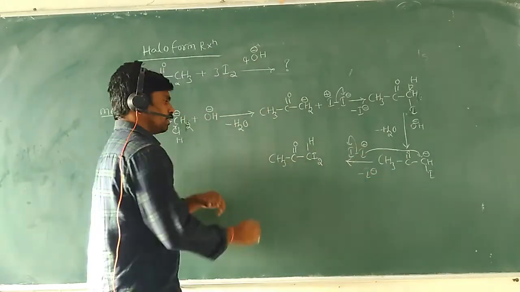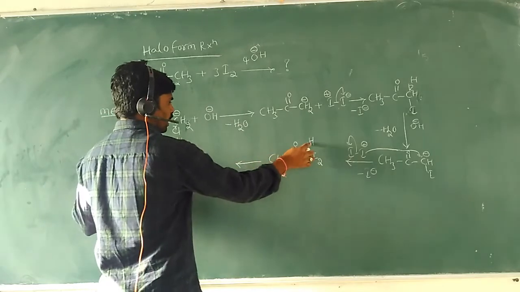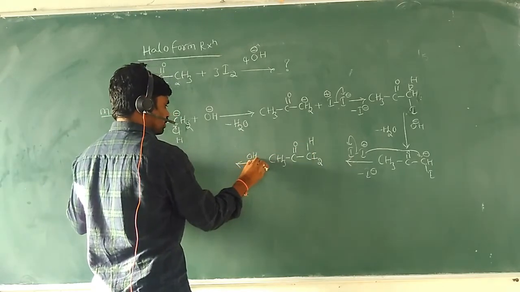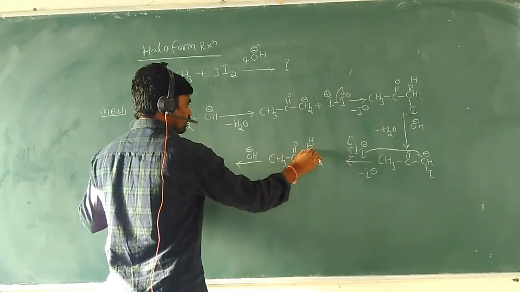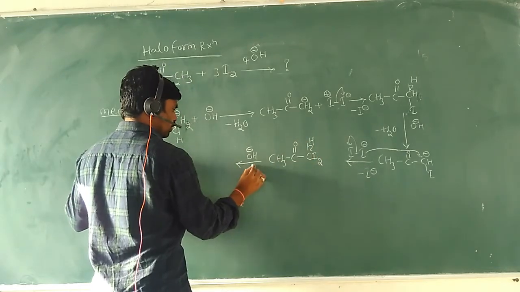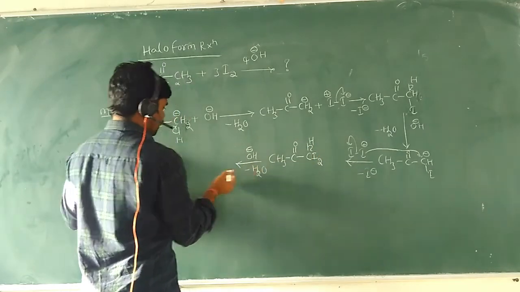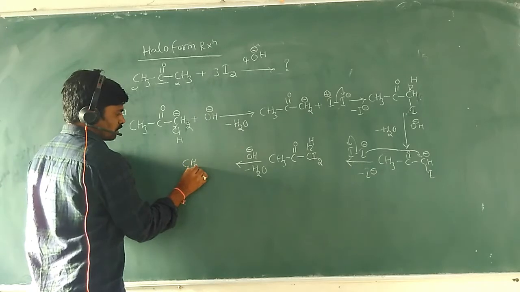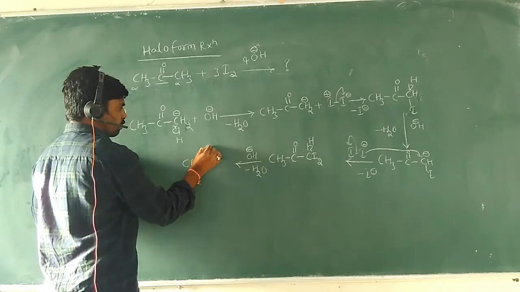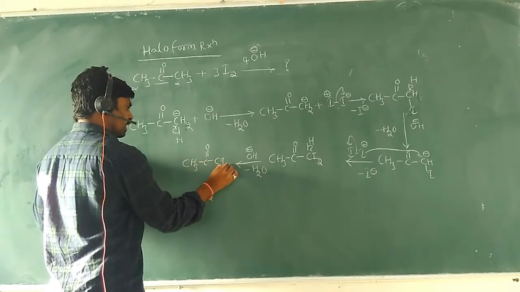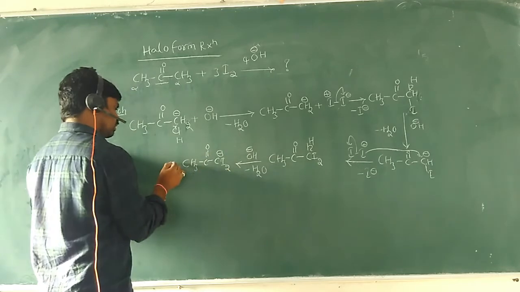Okay, clear? Right now, again there is one hydrogen here. Same in the condition of hydroxide. This H plus, this OH minus gives H2O, and what remains is CH3, C double bond O, CI2 minus.